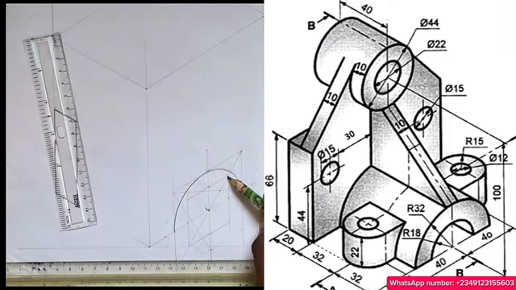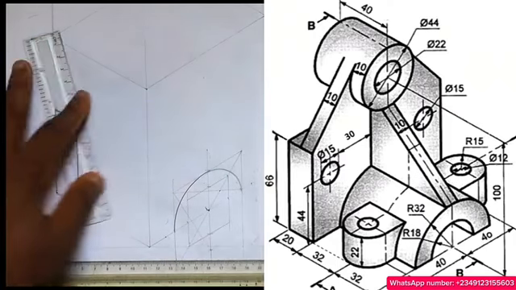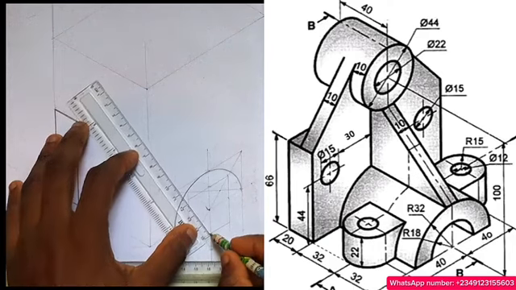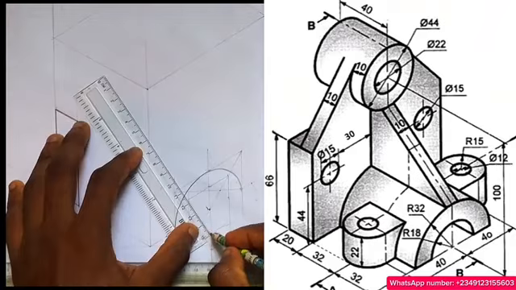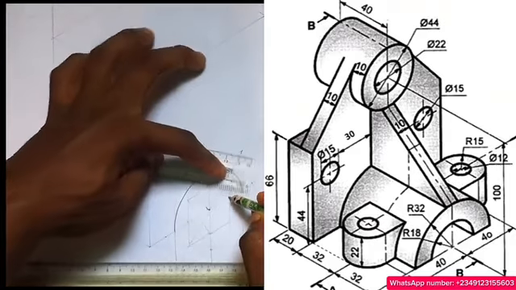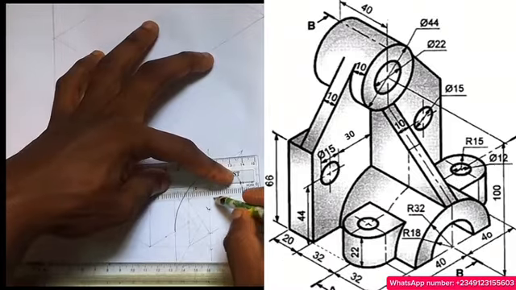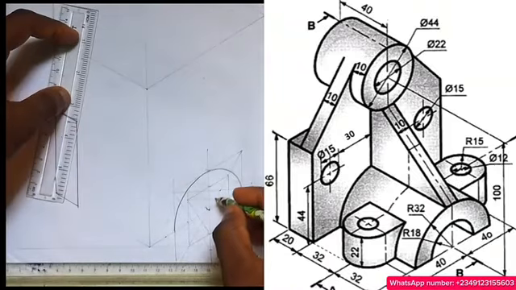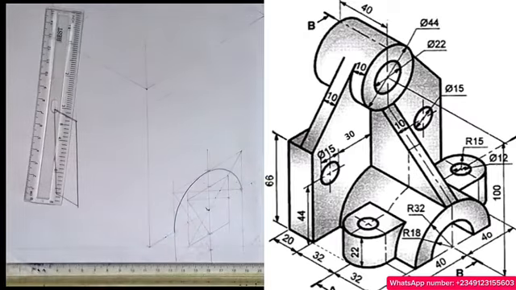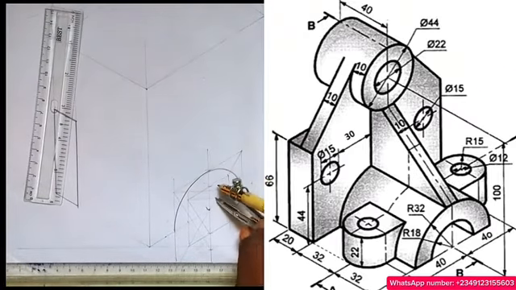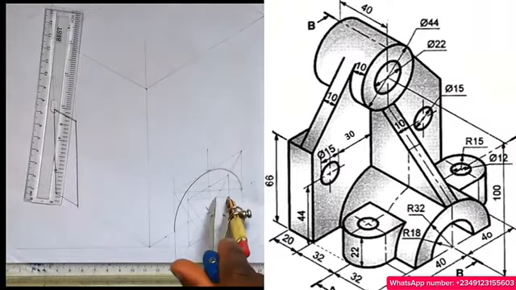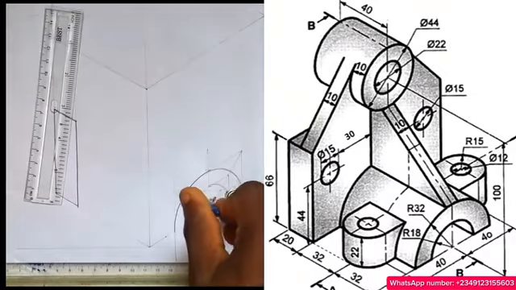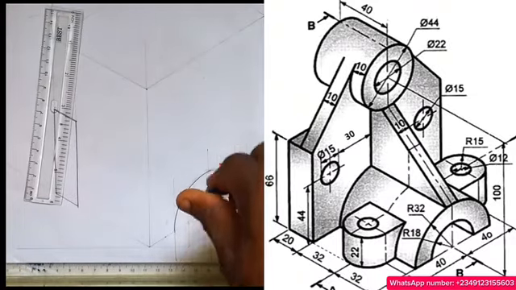All right, I have already joined my longest diagonal, so I'll just take this point here to touch this. We call this principle ordinate method of construction of circle. So I need this point, right? So I'll take my compass again. At this point here, I'll draw a curve. You can see my curve, right?